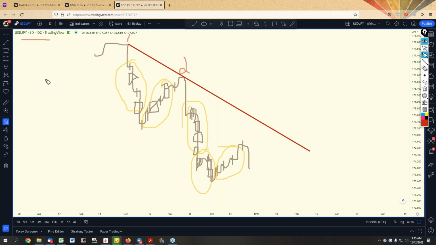But the structure we're looking for is like, a couple, maybe a few candles as the basing, a few candles as the drop, one or two or three candles as the basing, one or two momentum candles to the upside, one or two or maybe three candles of the basing at the highs. Okay? This is what we're looking for so that we know that structure actually exists on that time frame.